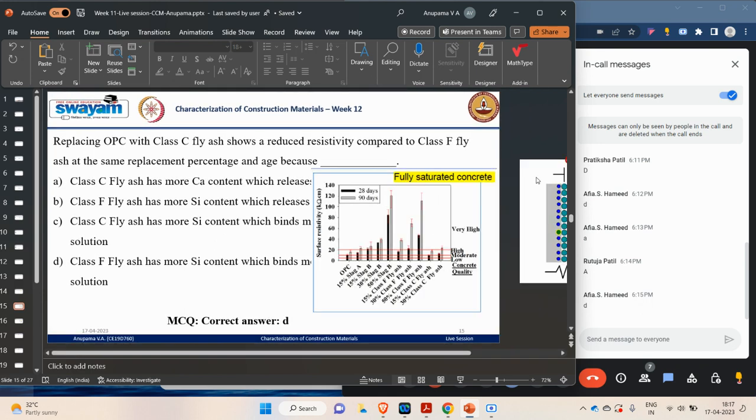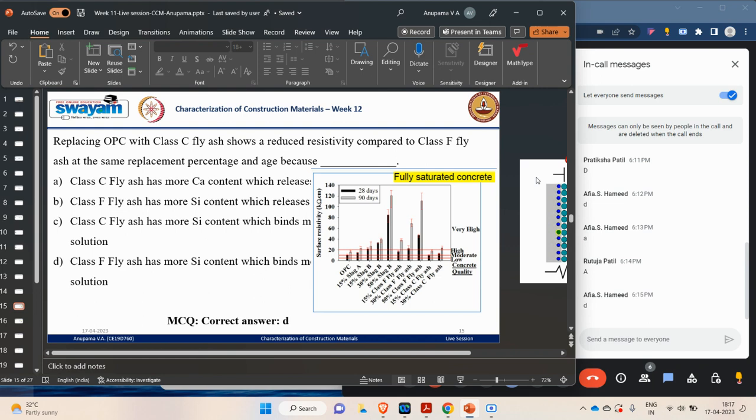The correct answer is option D. Because see, class C fly ash has a higher calcium content. That statement is correct. But as a result, the silica content is lesser in class C fly ash compared to class F fly ash.